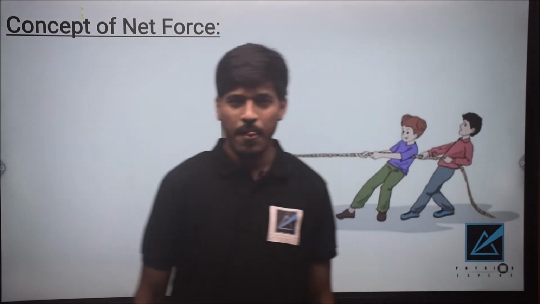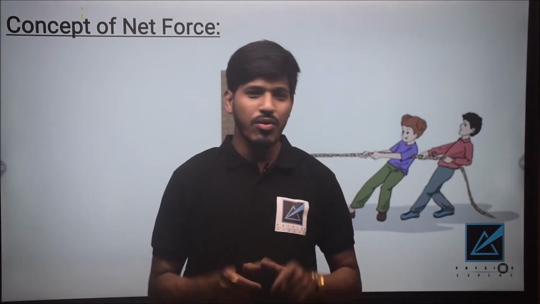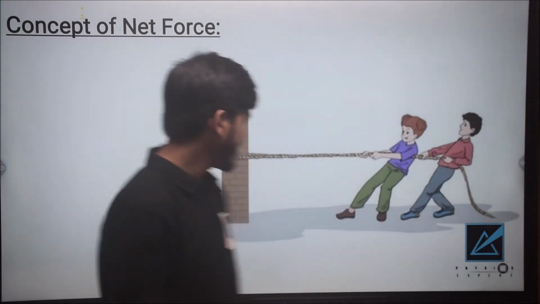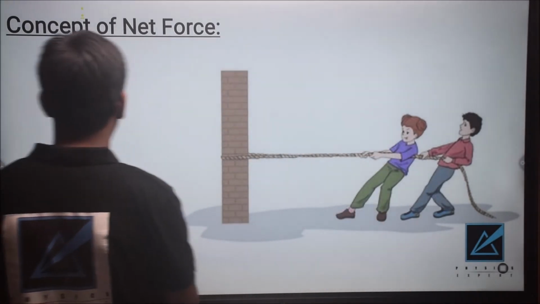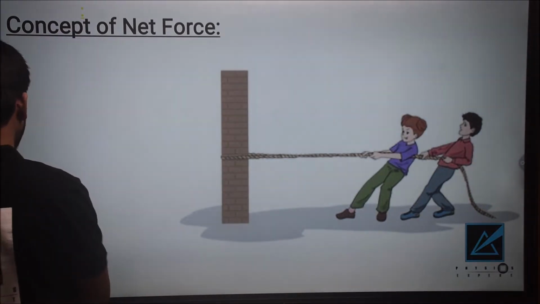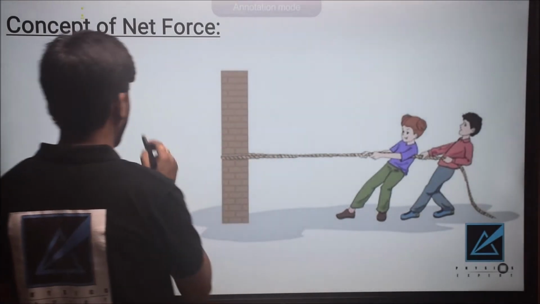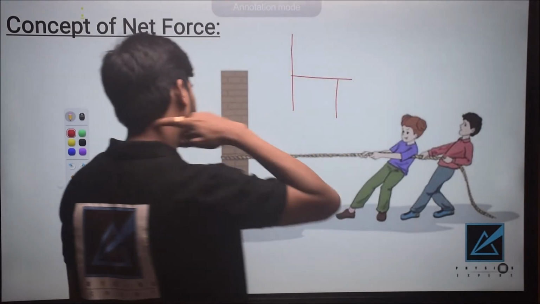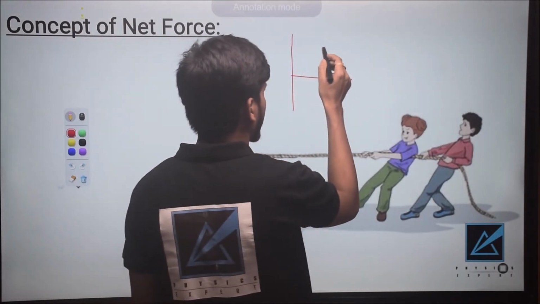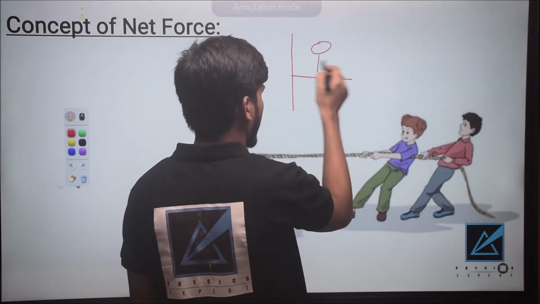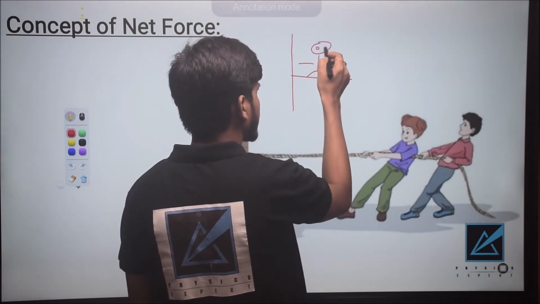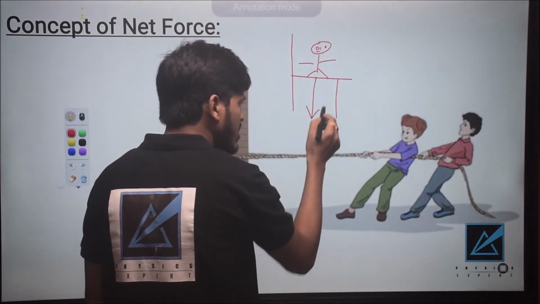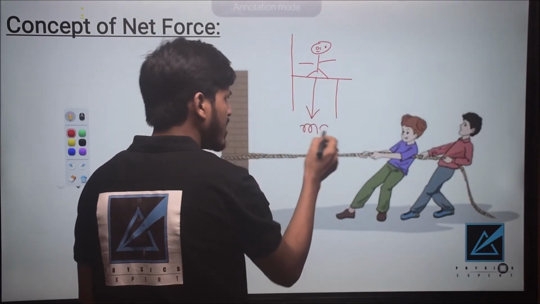Now I am taking your example. You are on a chair, right? Try to understand. Now the gravitational force is in the downward direction, mg.